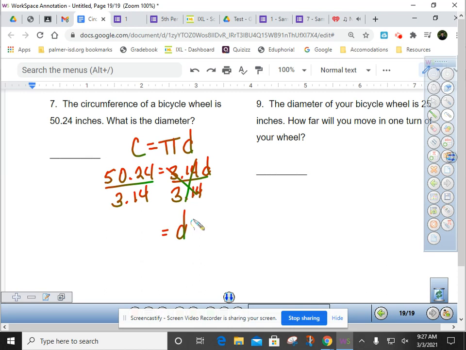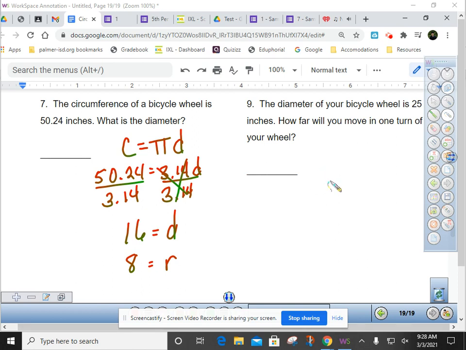What is it? 16. Good. The diameter is 16. What is the radius? 8. Good. Let's look at number 9.